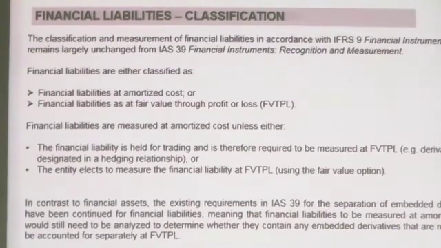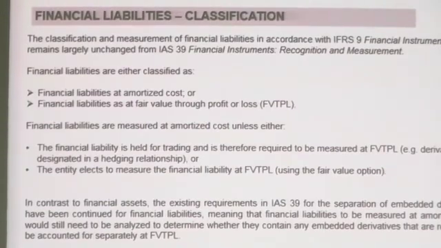Financial liability classification is not largely changed from IAS 39. Clear? What was the method applied in IAS 39? We will practice it to a great extent in IFRS 9.